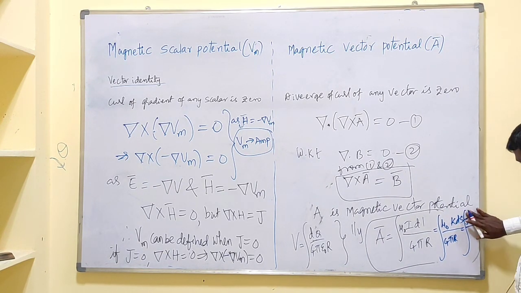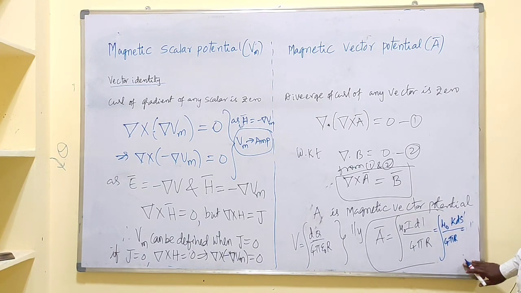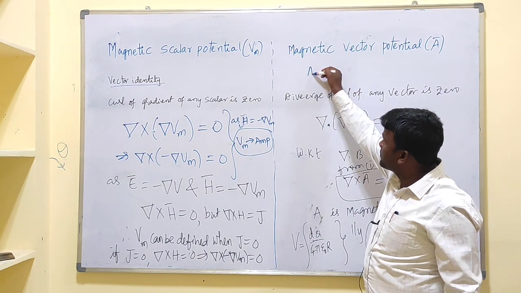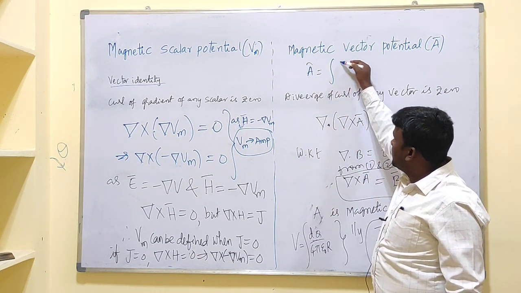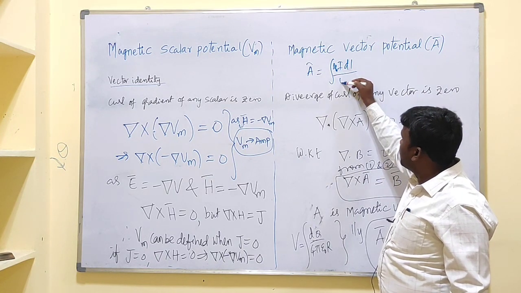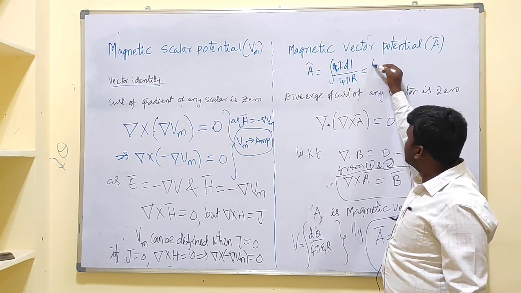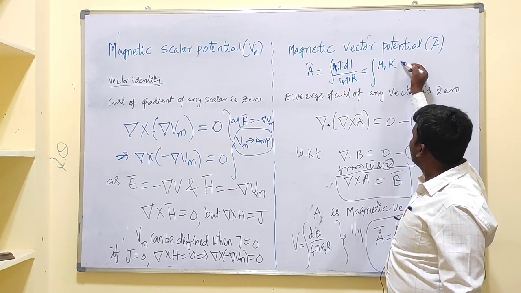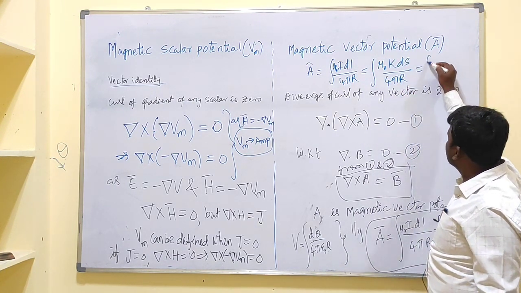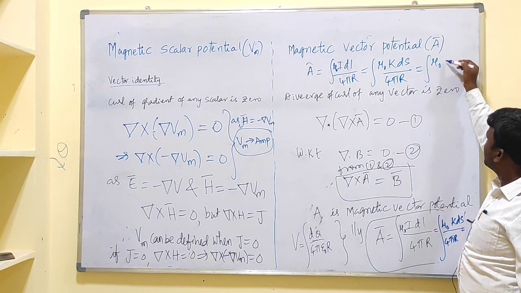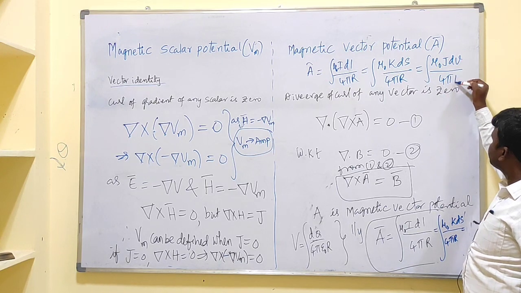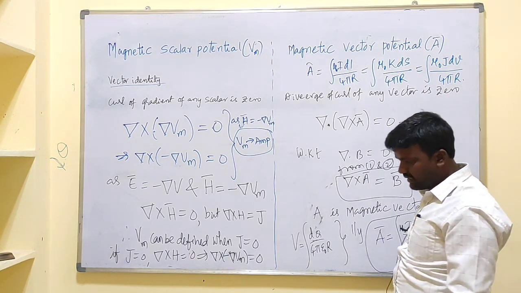So I will write the three expressions here. The magnetic vector potential A equals integral mu naught IDL by 4 pi r, or integral mu naught K ds by 4 pi r, or in terms of volume current, mu naught J dV by 4 pi r. So this is about the magnetic vector potential.